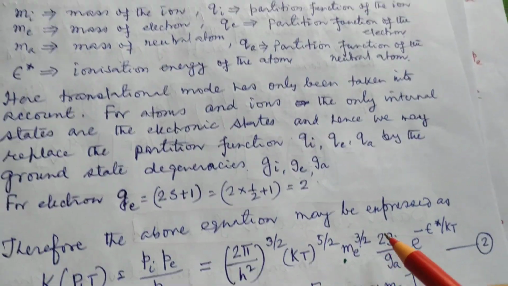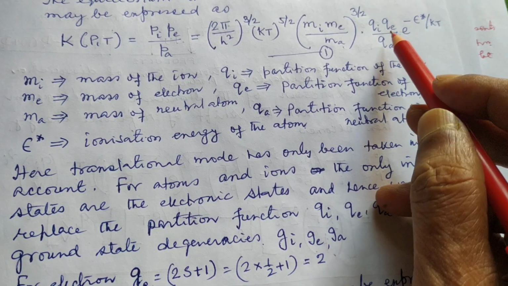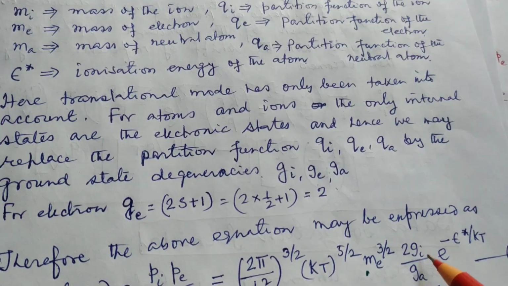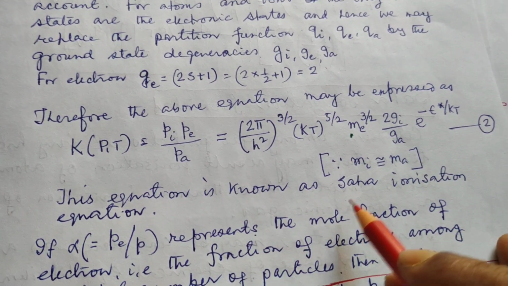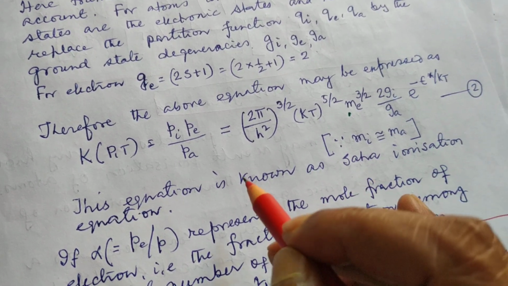Now Ge equals 2, so this equals 2 Gi by Ga. This equation is known as the Saha ionization equation or the Saha ionization formula.